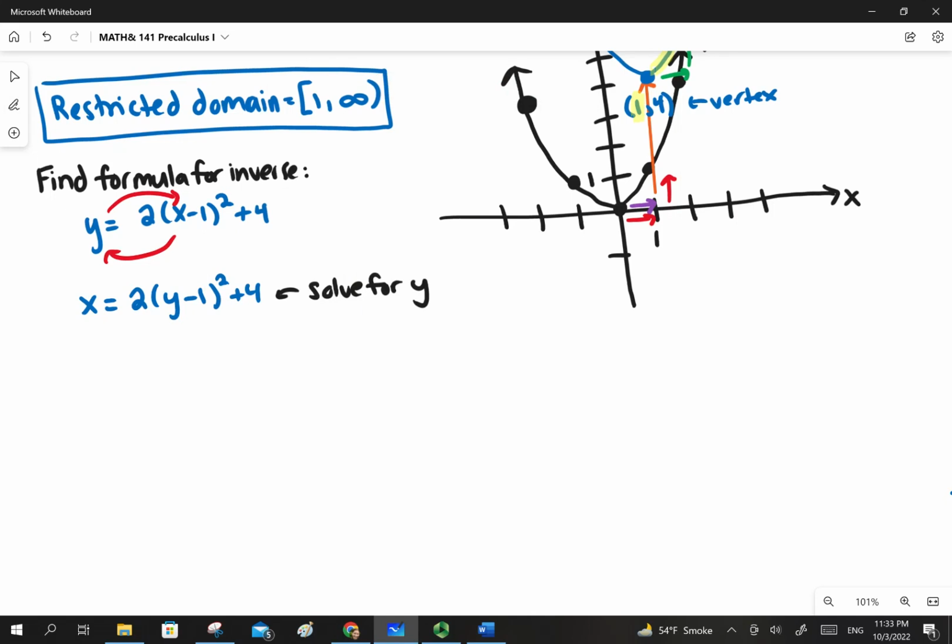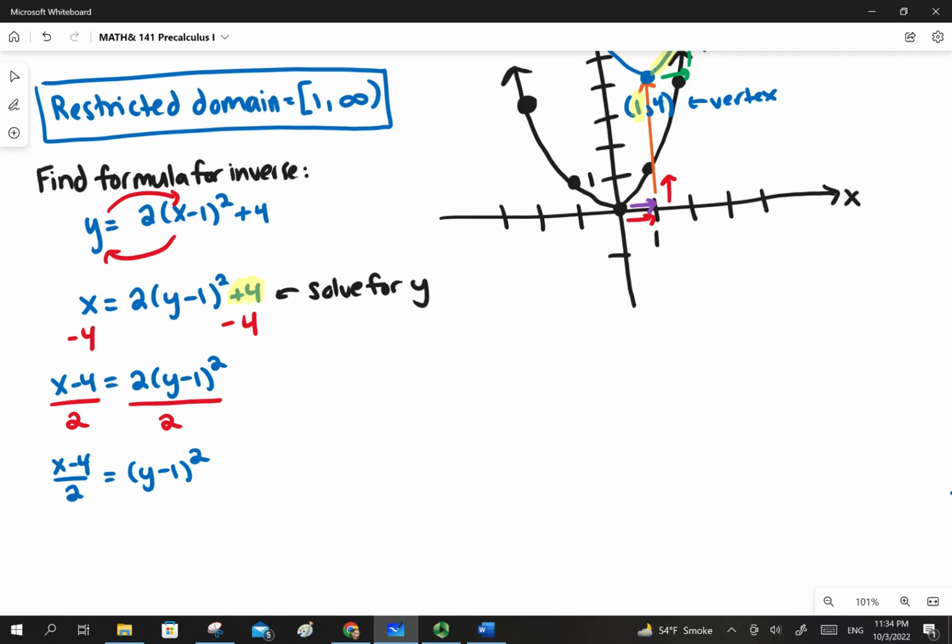To solve an equation like this, the most efficient way is to start from the outside and work our way in. So we're first going to deal with this plus 4, the furthest thing away from y, which we're trying to isolate. So we subtract 4 from both sides, then divide both sides by 2, and now we have (x minus 4) over 2 equals (y minus 1) squared.